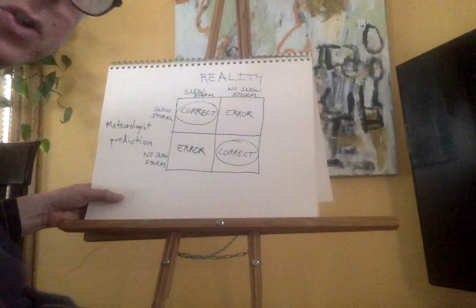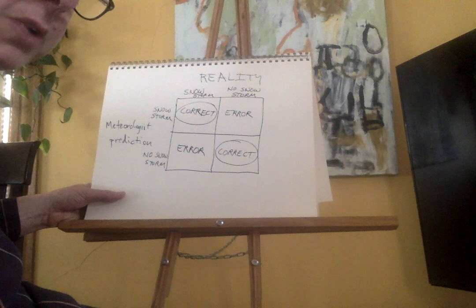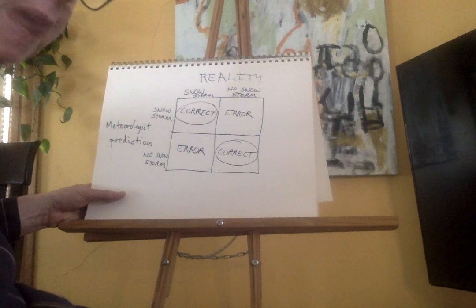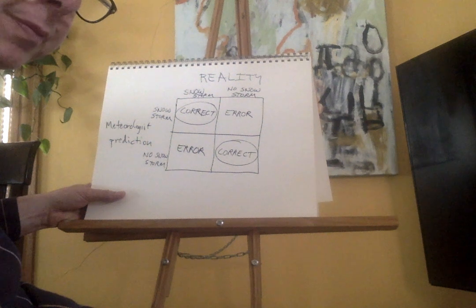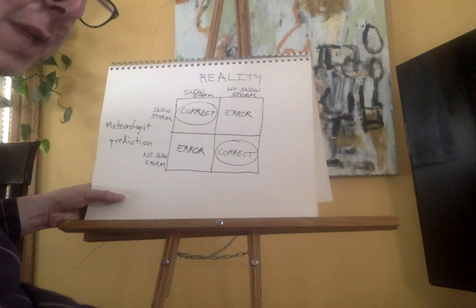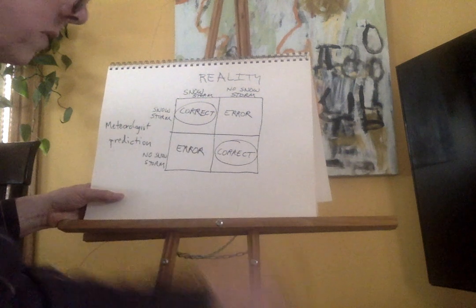But of the two errors, if the meteorologist is going to make an error, which one would be a better error to make? Now, when I ask this in class, sometimes people say, well, I don't want to make an error. I know nobody wants to make an error. We want to be here, right?